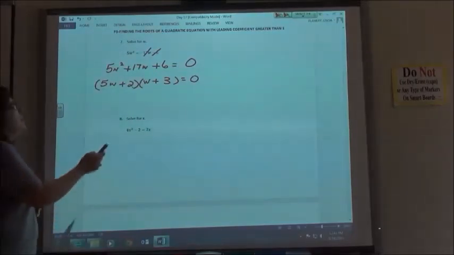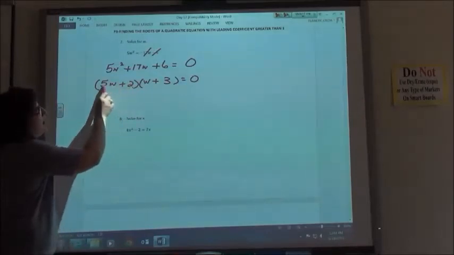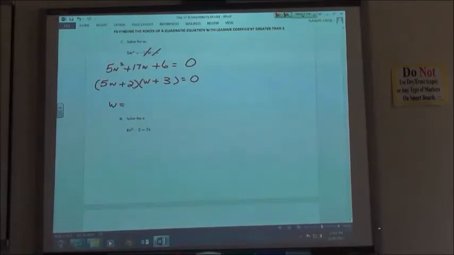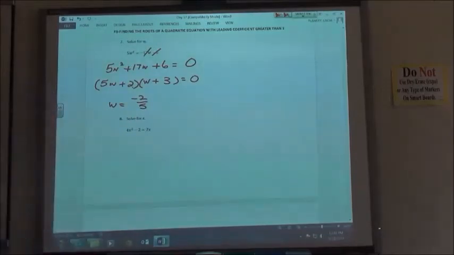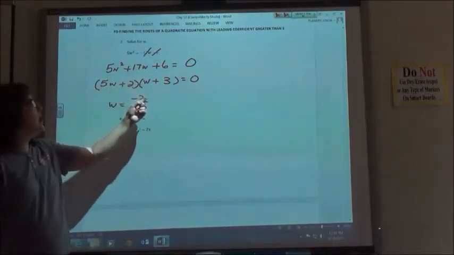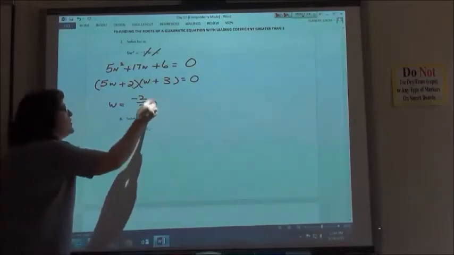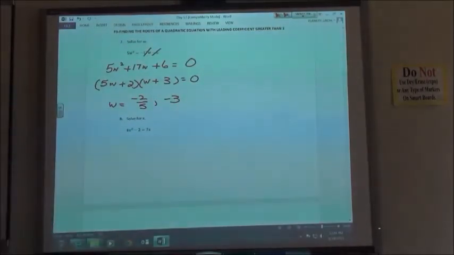So when I solve these, keep in mind, I'm going to do the opposite of this end one, divide by that one, so w is going to equal what? -2/5. If you want to write it all out, you can, but I'm subtracting the 2, dividing by the 5, so -2/5. And my other answer is going to be -3, because I'd have to subtract the 3.